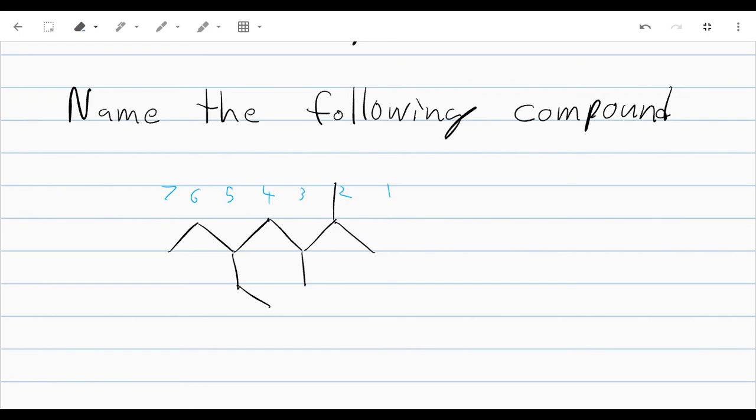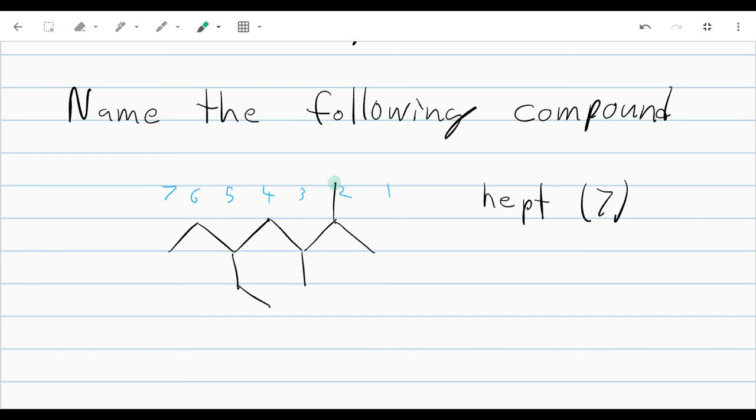From there, we know that 7 is hept for our parent chain. We see that this time we have two different types of branches.